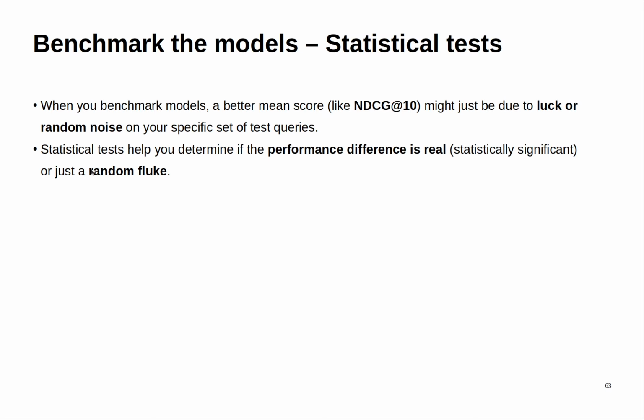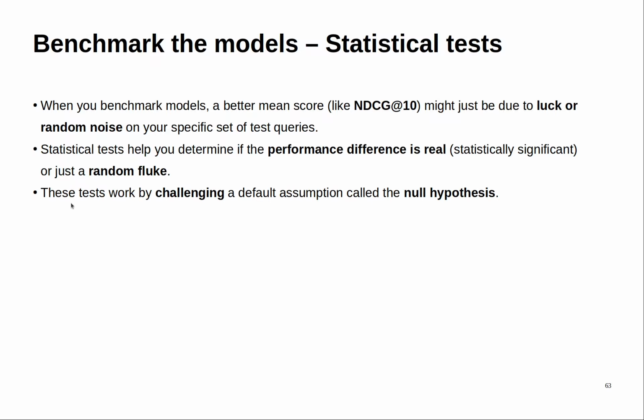With statistical tests, we can determine if the performance difference between two models is real, which means that, yes, this model on paper is better than the other one. It's not due to chance or something else, or because you chose the data in a way that shows that this model is better. And these tests work by challenging something that we call the null hypothesis.